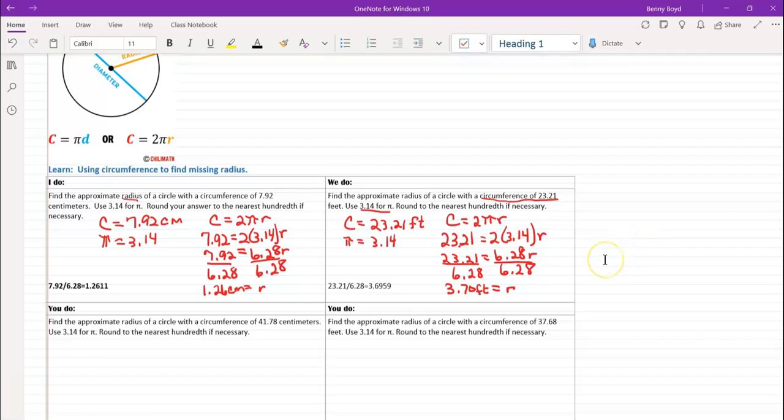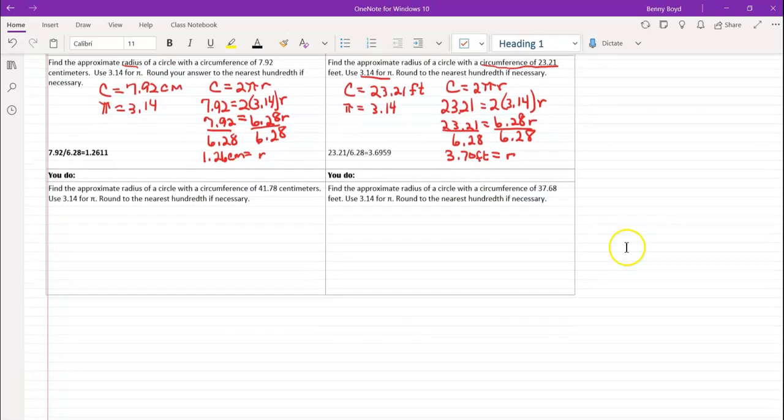Once you've done that, go ahead and pause the video and do the 2 you do problems. So here C is 41.78. Pi is 3.14.